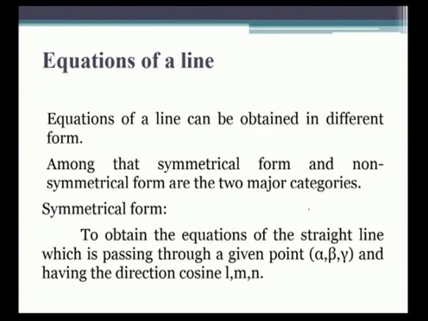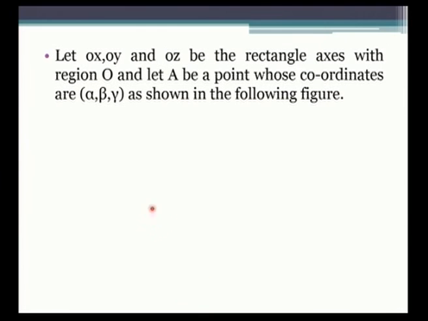In this symmetrical form, to obtain the equations of the straight line which is passing through a given point whose coordinates are alpha, beta, gamma and having the directional cosines L, M, N, let OX, OY, OZ be the rectangular axes with origin O and let A be a point whose coordinates are alpha, beta, gamma, as shown in the following figure.